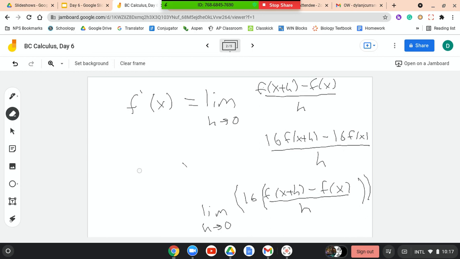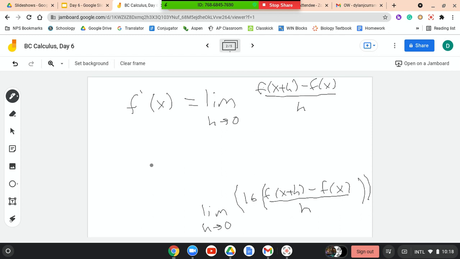I'm just going to erase the top part while you think about it. So here, I'll outline the general limit rule very quickly. It would be just 16 times the limit of our function, exactly. Henry, you might have this in your notes.